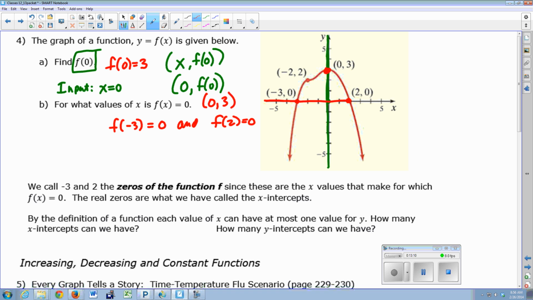So when you're asked to find the values for something like this, note you're solving an equation. When does f of x equal 0? So your answer should include x equals 0 and x equals 2. Those are also, every time you write a solution, little baby equations. So x equals 0 and x equals 2 are the two spots on this function where the output of your function is 0. Summer?